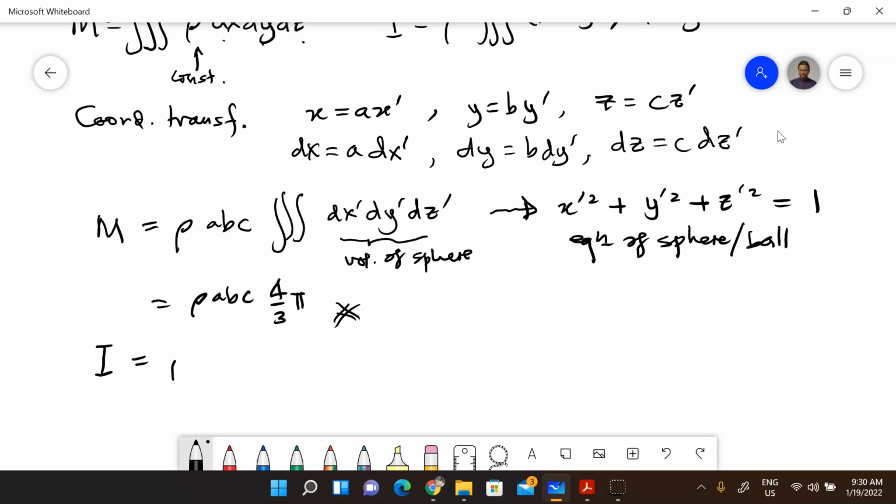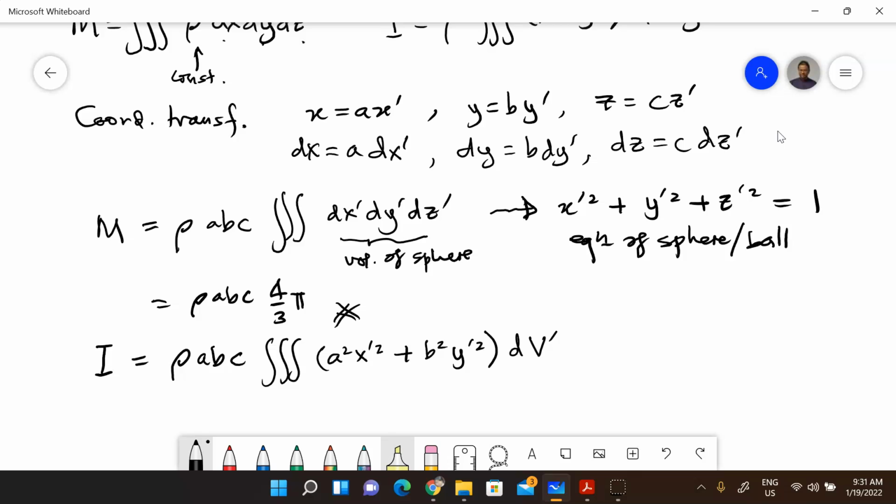So that is going to be rho ABC, and then the triple integral of a squared x dash squared plus b squared y dash squared, and then dv dash.